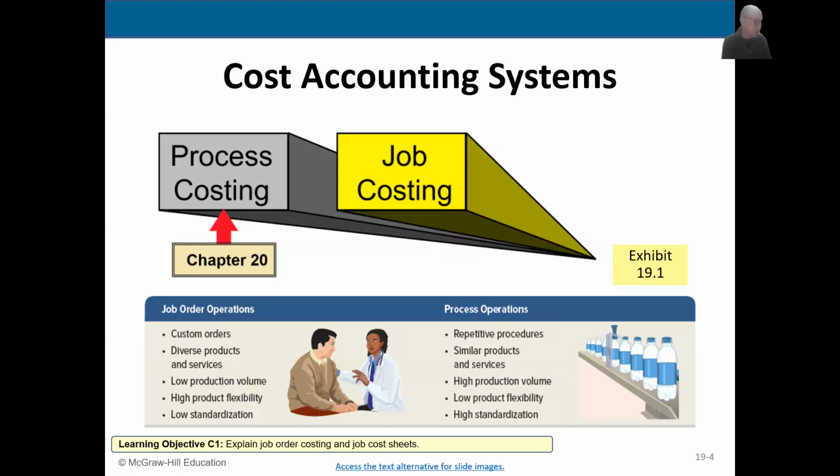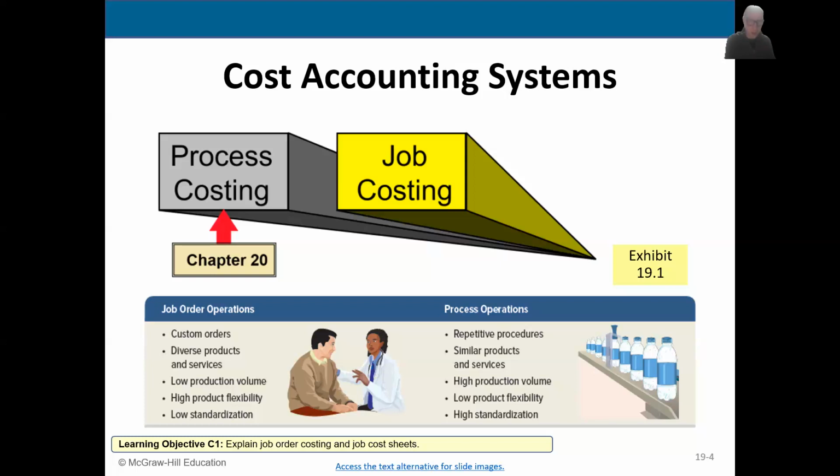Coca-Cola produces about 100,000 bottles of water every few hours. It's a highly repetitive process. They use the same exact method to produce each bottle of water. The products they sell are extremely similar.